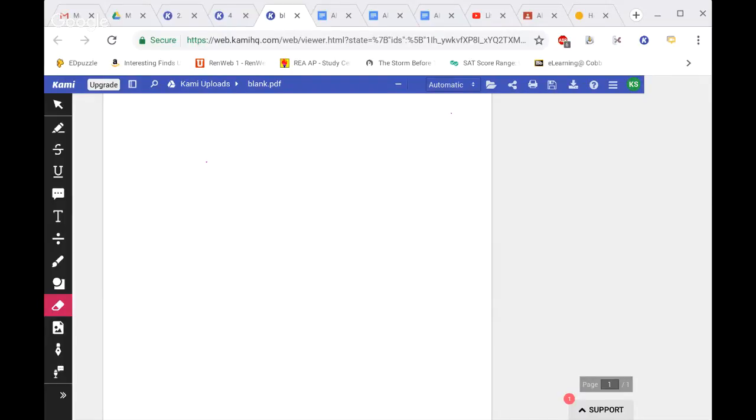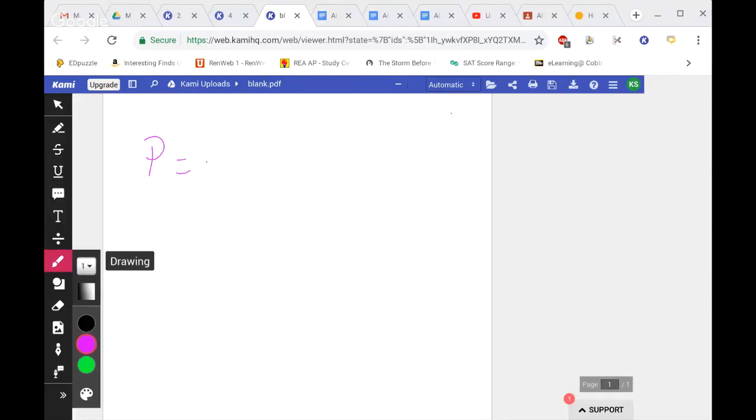Number 4. The perimeter P of a rectangle is given by the formula P equals 2L plus 2W, where L is the length and W is the width.